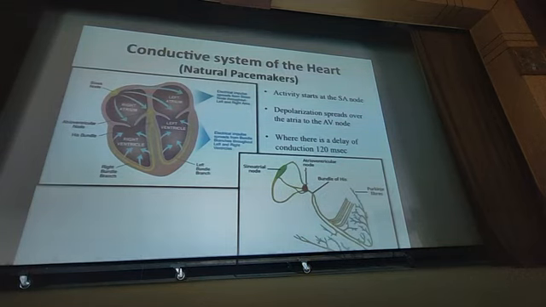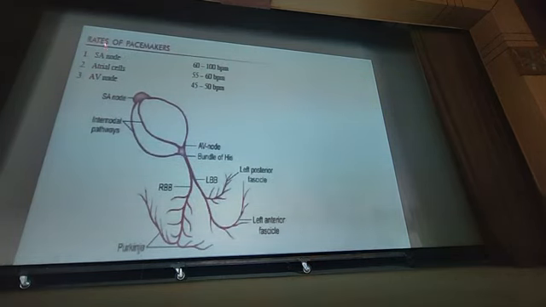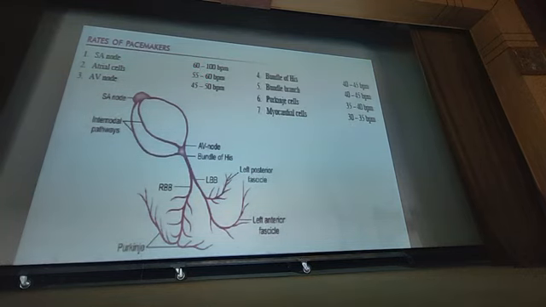When the AV node is not working, then the bundle of His and Purkinje fibers become the pacemaker of the heart. These are called pacemakers, and in the sinoatrial node the rate of pulsation is more rapid.